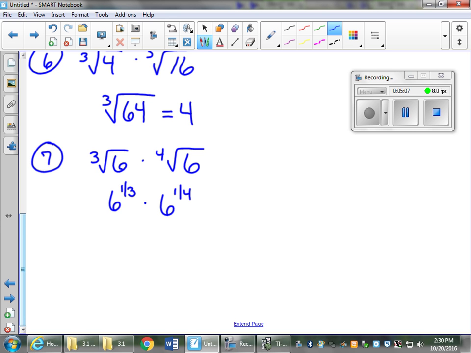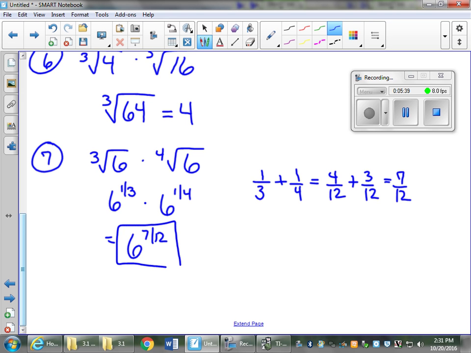So instead of writing it in radical, I can write it in rational exponent when the bases are the same to show you what you will then do. So multiplying same bases, just like in example 3, we're going to add our exponents. So we're doing a third plus a fourth. If I got common denominators, this would become 4/12 plus 3/12, which is 7/12. So we get 6 to the 7/12.